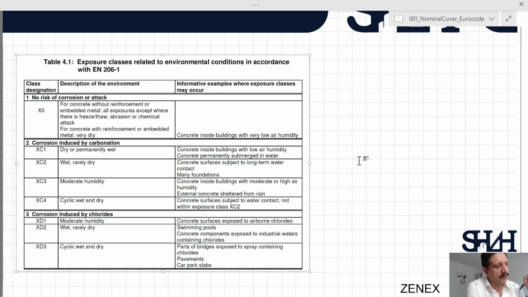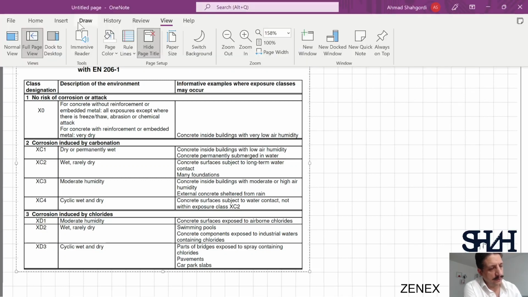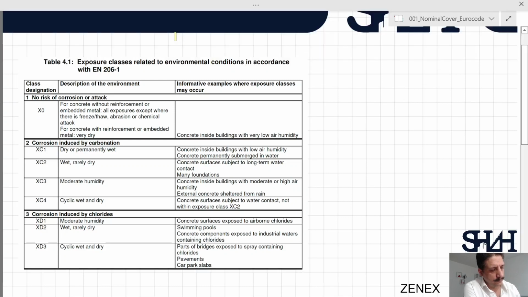The first one, XC1, is dry or permanently wet, and there are also informative examples where exposure classes may occur. For example, here, concrete inside buildings with low air humidity, and also concrete permanently submerged in water.